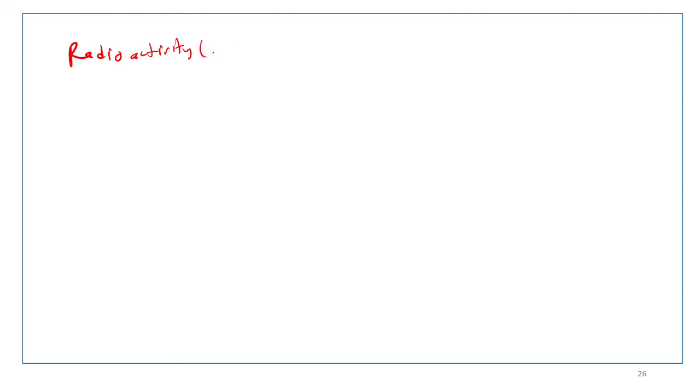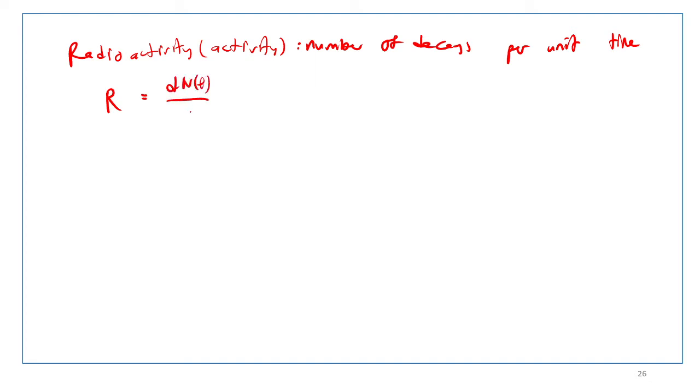Radioactivity, or simply people call it activity, is the number of decay per unit time, or R equal to, mathematically, dN(t) over dt. So this is the definition of radioactivity.